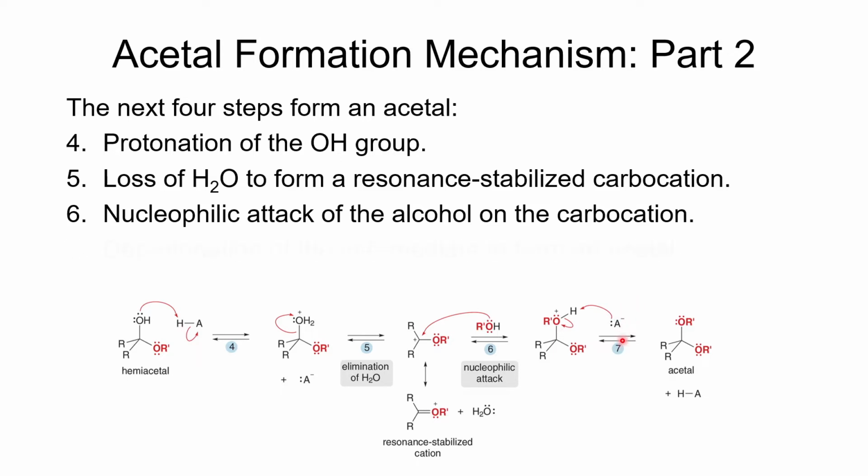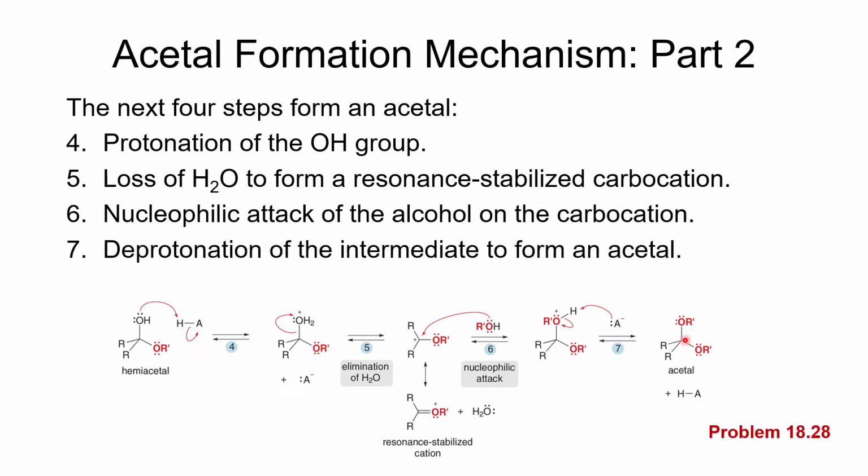I usually just use that conjugate base. That forms our acetal. So we are going to go through the mechanism of forming an acetal. So remember, protonation, nucleophilic attack, deprotonation, all of those steps. And then we'll do protonation, loss of water, nucleophilic attack, deprotonation.